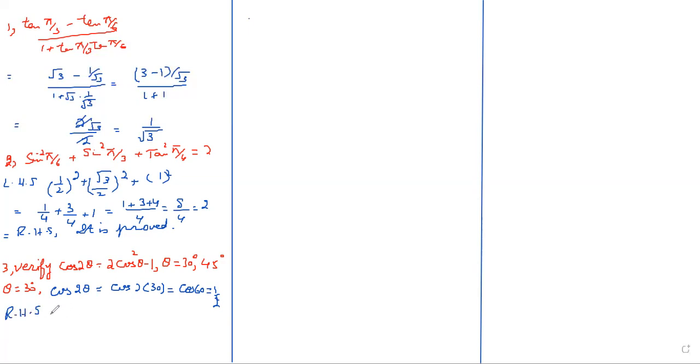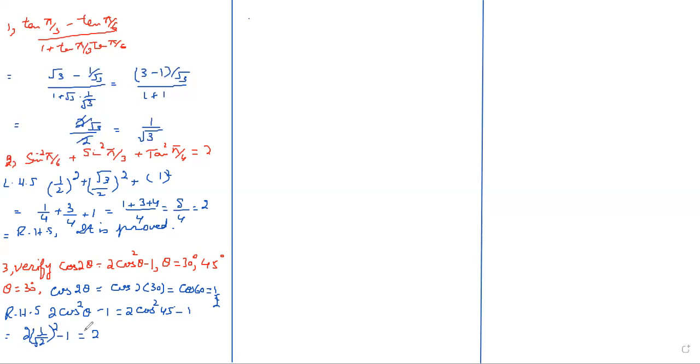Right hand side is 2 cosine square theta minus 1, which equals 2 times cosine square 45 degrees minus 1. And cosine 45 is 1 over root 2.